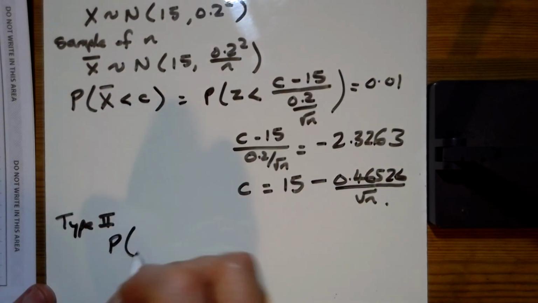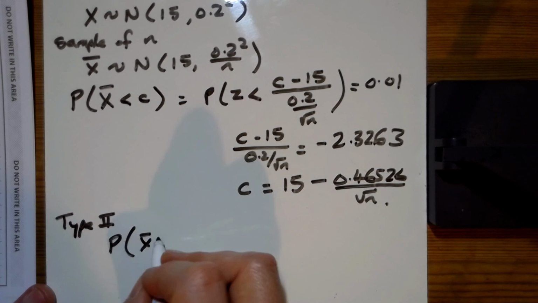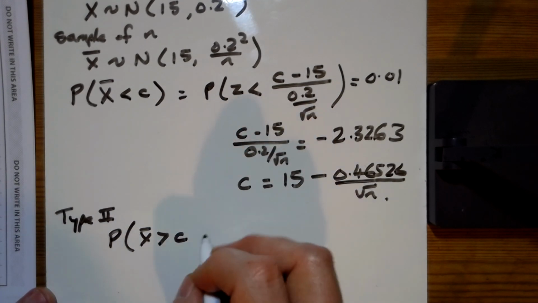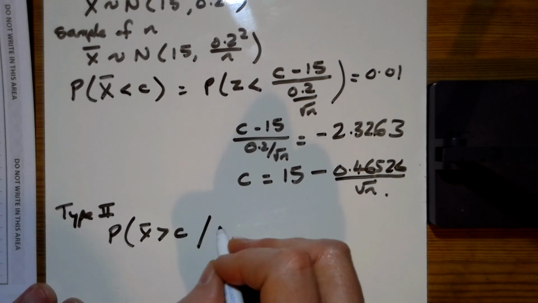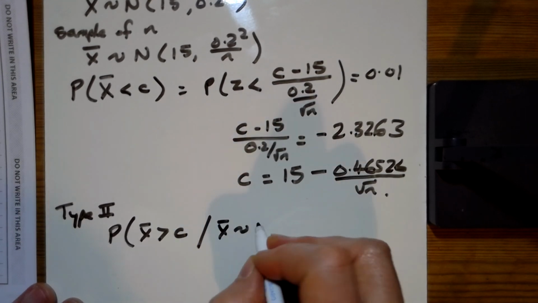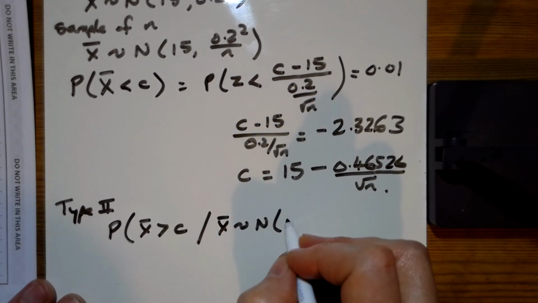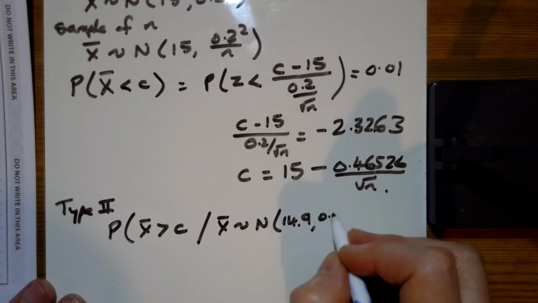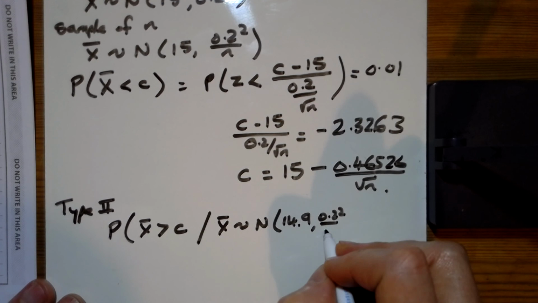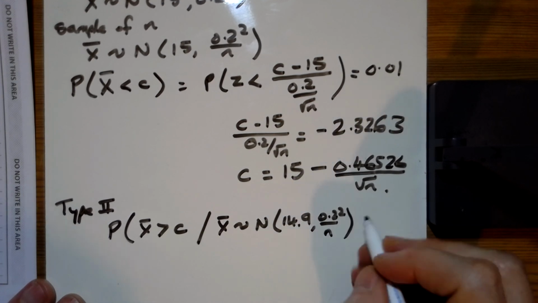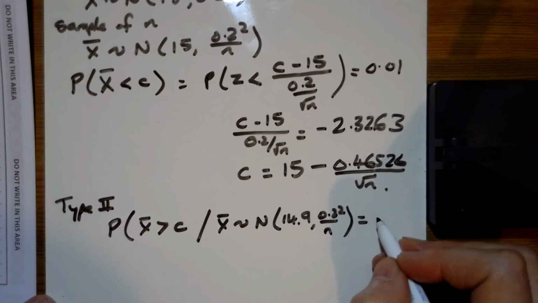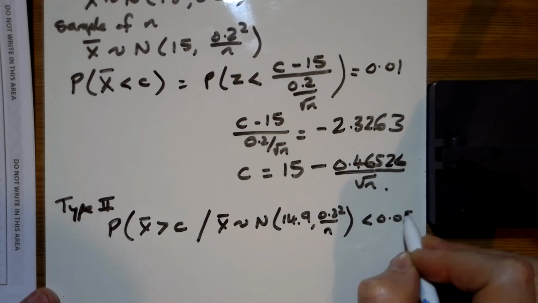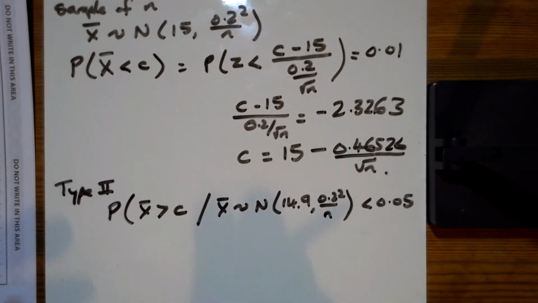So this is the probability that the mean is bigger than this value here, given that actually the mean was 14.9. And then 0.2 squared over n again there. And we want that probability to be less than 5%, less than 0.05 is what we want.